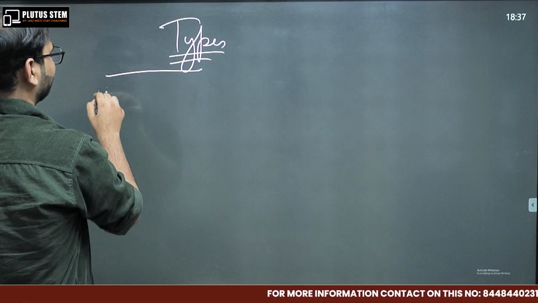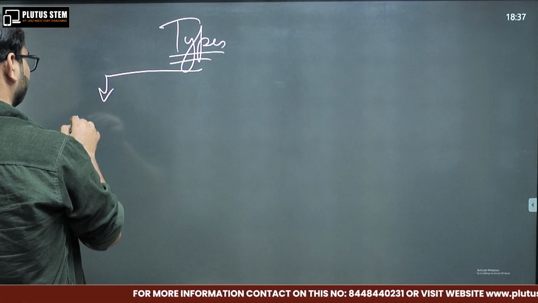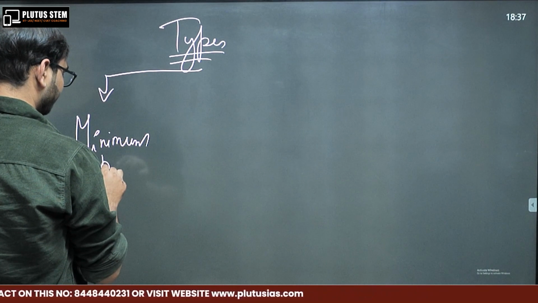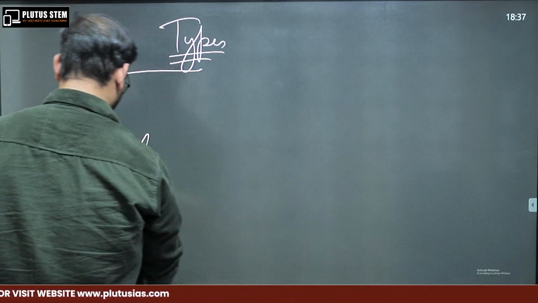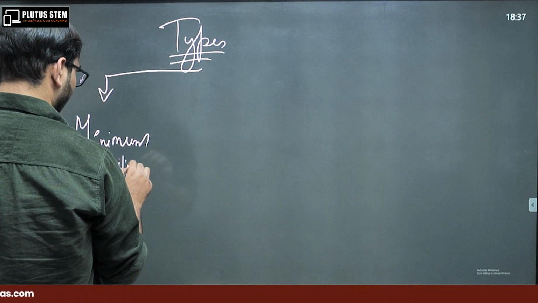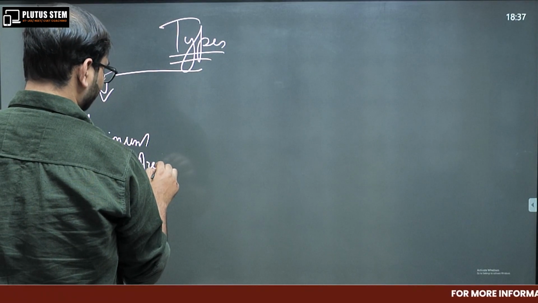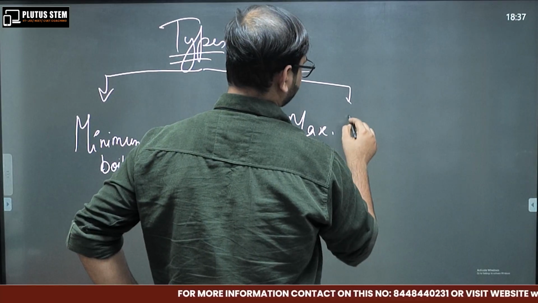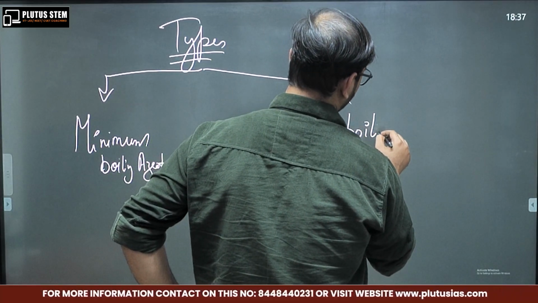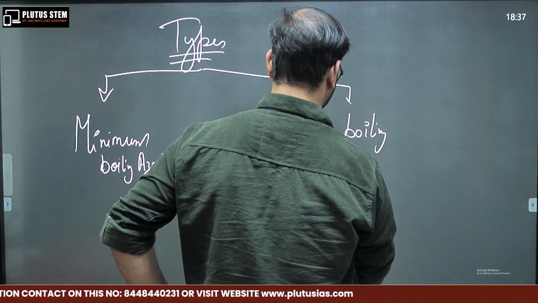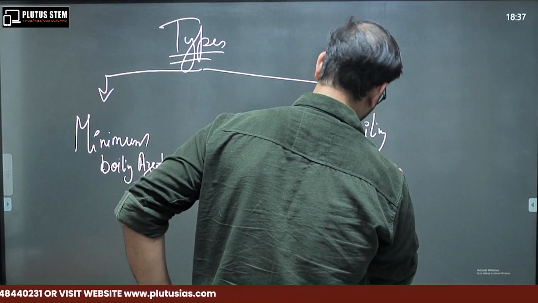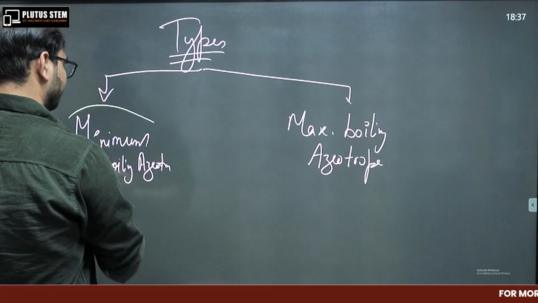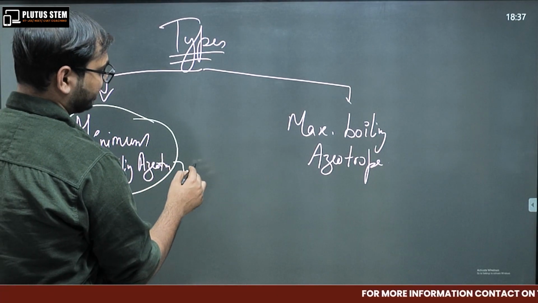Before representing it, let's talk about the types of azeotropic mixture we have. The first one is called minimum boiling azeotropes, and then we have maximum boiling azeotropes. As the name suggests, minimum boiling azeotropes are those which boil at a lower temperature.